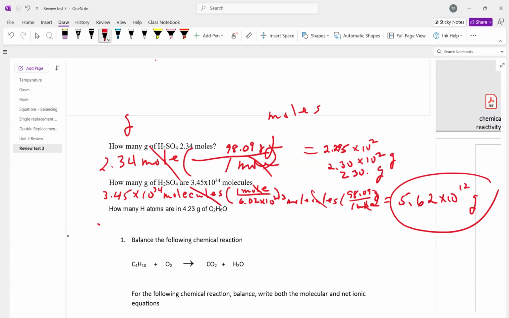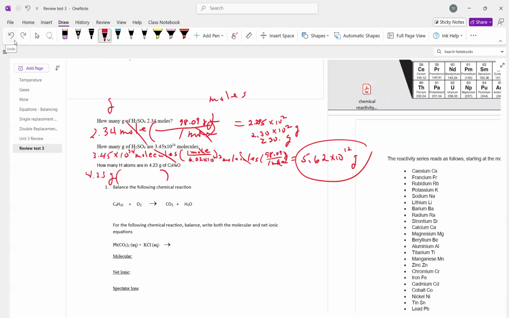Okay. How many H atoms are in 4.223 grams of ethanol? Okay, C2H6O. All right. So we start with 4.223 grams. In fact, let's do this. Okay, first step is grams to moles.